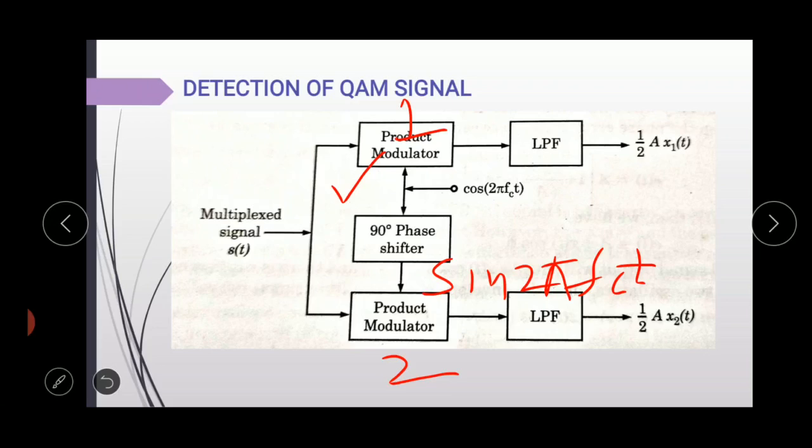The outputs of the low pass filters are half A x1 of t and half A x2 of t, where x1 of t and x2 of t are the incoming signals given to product modulators 1 and 2 in the transmitter section.